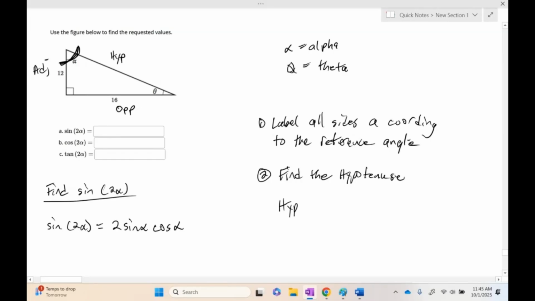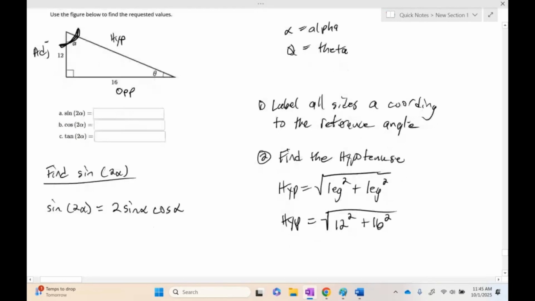So the hypotenuse is going to equal the square root of 12 squared plus 16 squared.